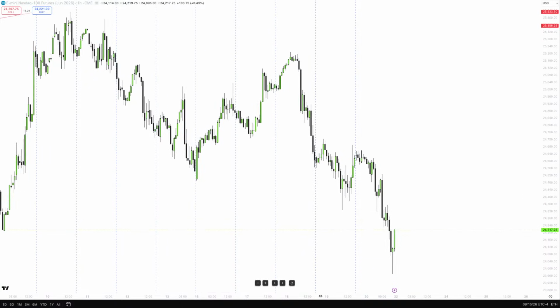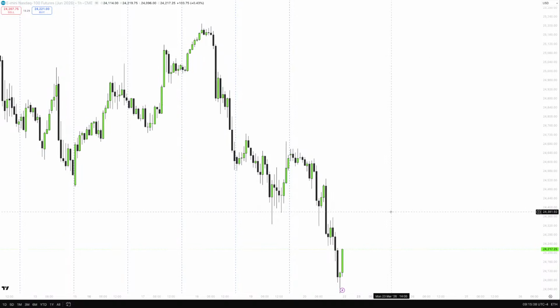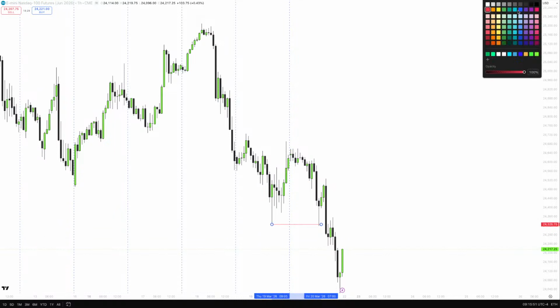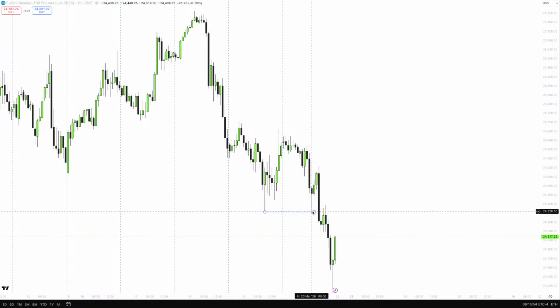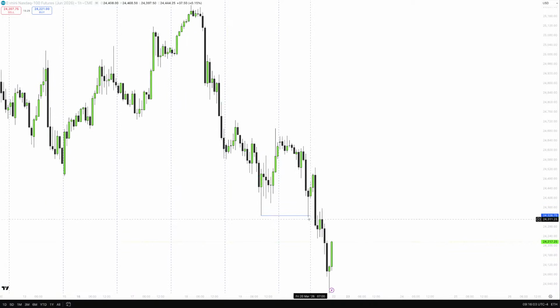As soon as I did my analysis, which I normally start doing around 8 a.m. or 7:30, I saw exactly this. This is the low from Thursday. So this is the previous day's low. And I saw that we already took it out. But what I saw instantly was that we barely went below it.